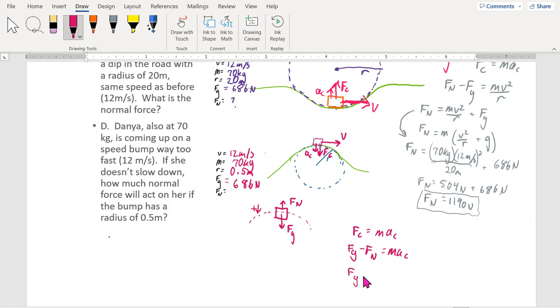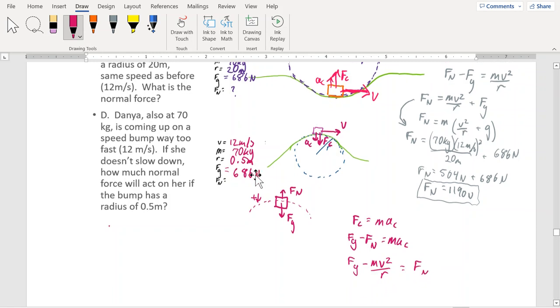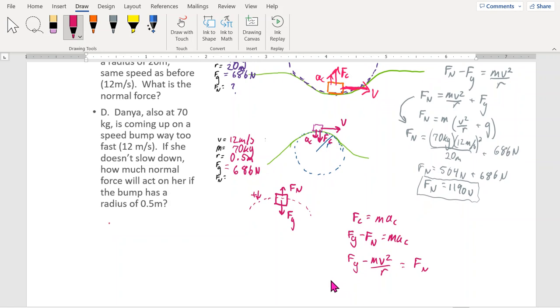So, oh man, we already did this. I bet I already know the answer. Maybe mv squared over r, I forgot to change that earlier, equals normal force. We know part of this. This is going to be 686 newtons. That's the weight the whole time, right? Minus 70 kilograms.